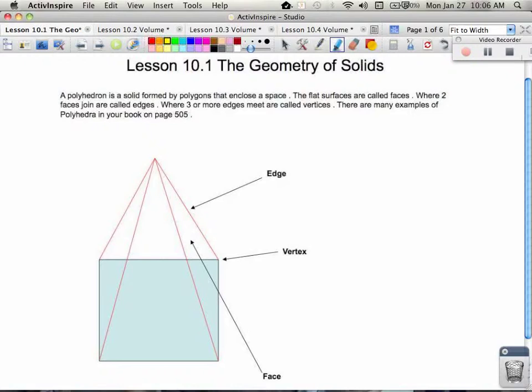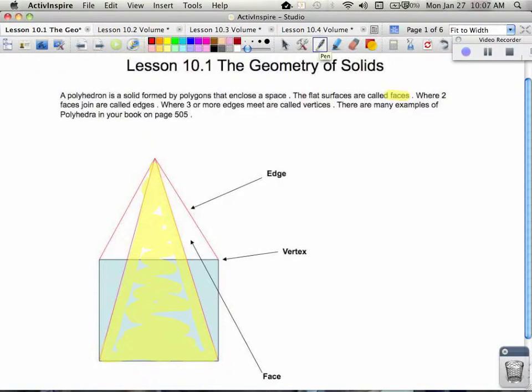So just as an example, as I look at what a face is, this yellow highlight here and everything inside is one of the many faces in this pyramid. So those are the faces.